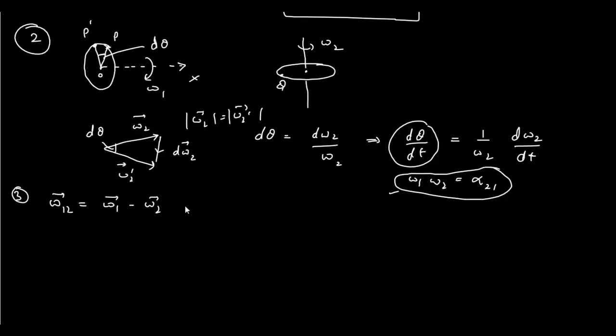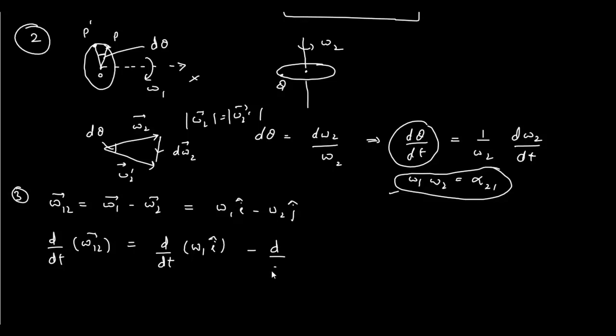Now I can write omega 1 i cap minus omega 2 j cap. Now if I differentiate this equation, d by dt omega 1 2 is equal to d by dt omega 1 i cap minus d by dt omega 2 j cap.